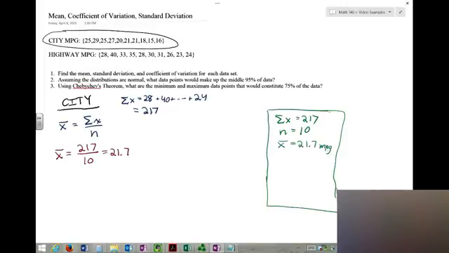That is what some people know as the average, or the mean miles per gallon for the city data. The next thing we need to do is find the standard deviation.